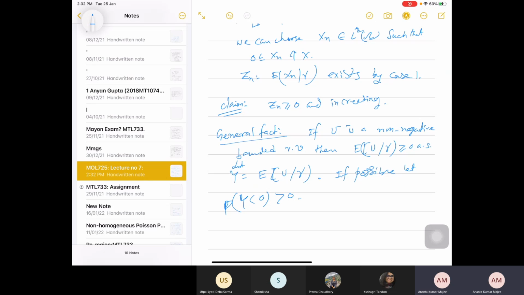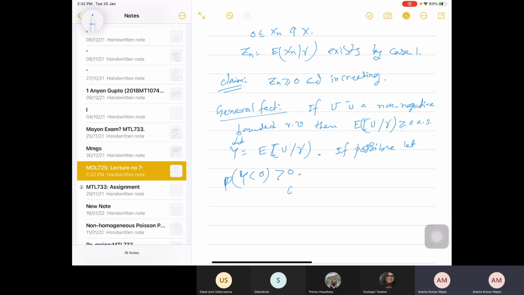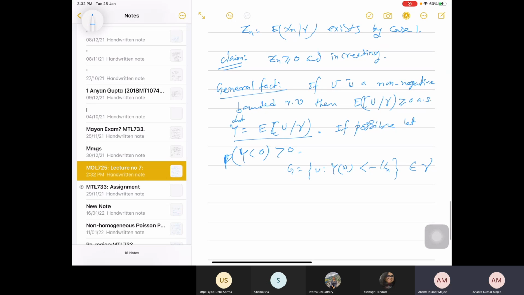Then I consider the set g_n of all those omega such that y of omega is less than minus 1 by n.